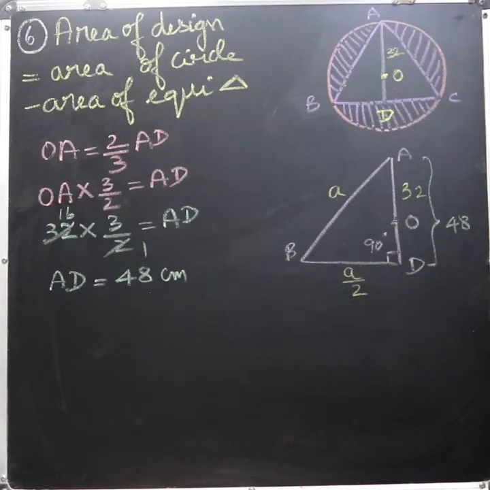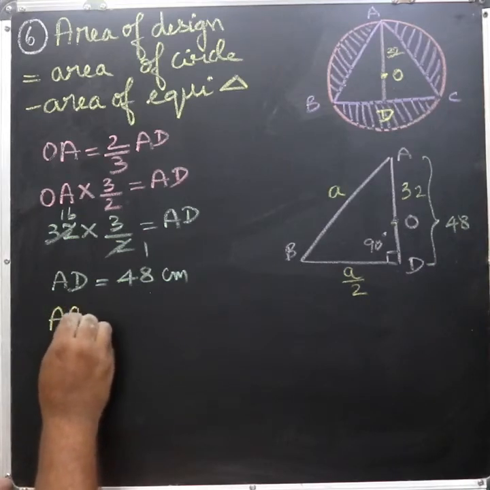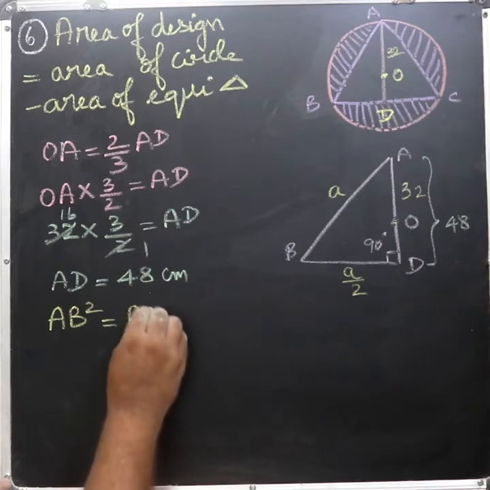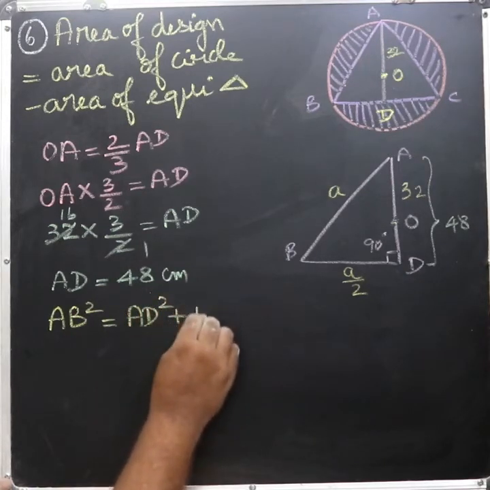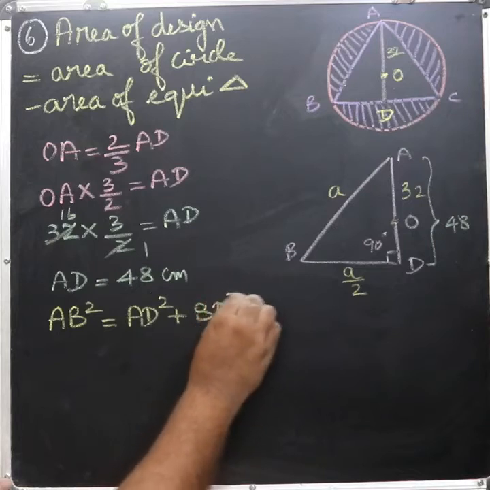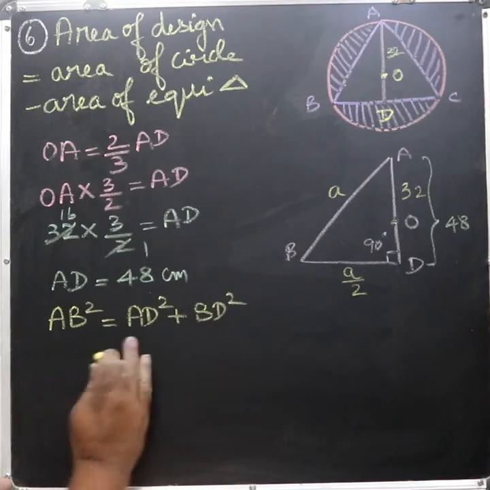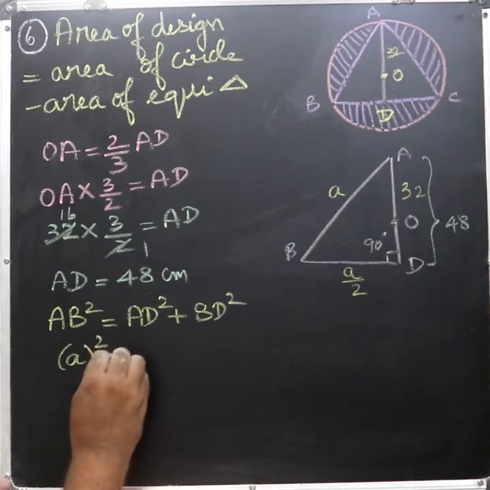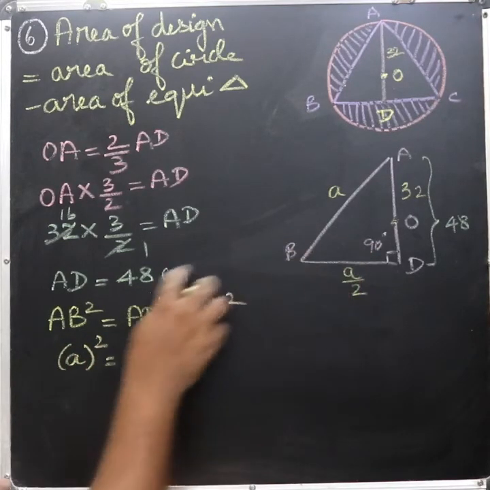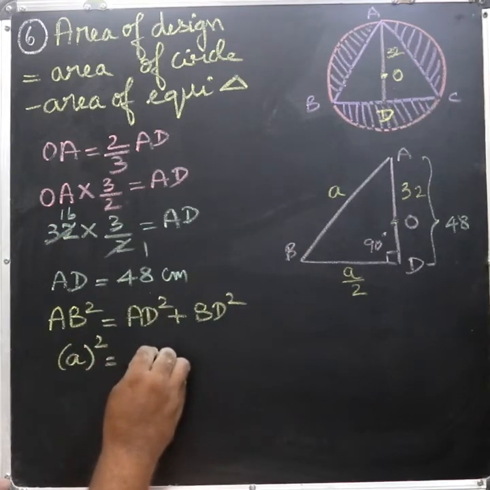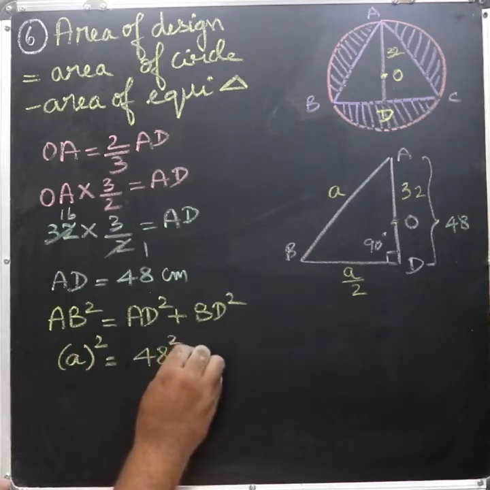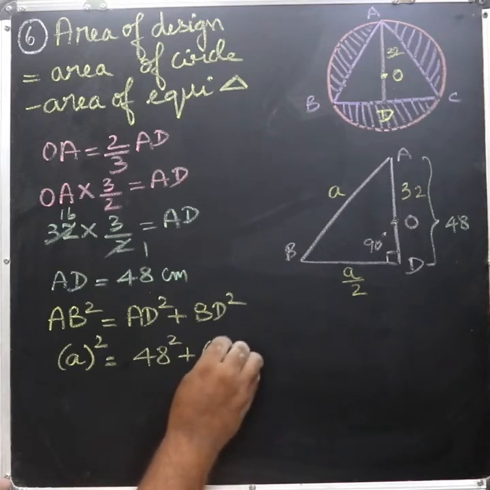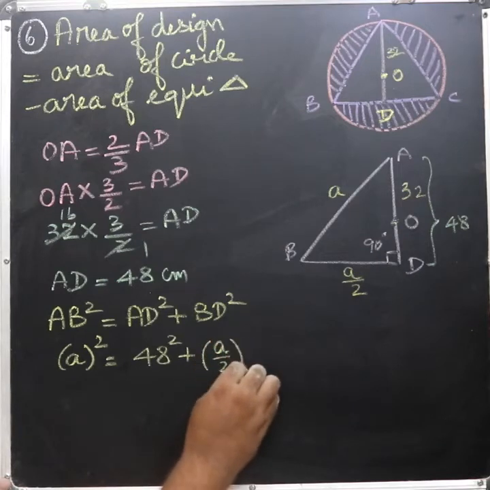So using that, we are going to have AB squared equal to AD squared plus BD squared. Now your AB is nothing but the side of the triangle. So it is going to be A the whole squared equal to AD, which we just found is 48. So we have 48 squared plus your BD, which is A by 2, so A by 2 the whole square.